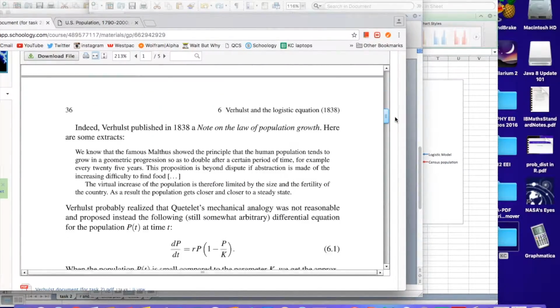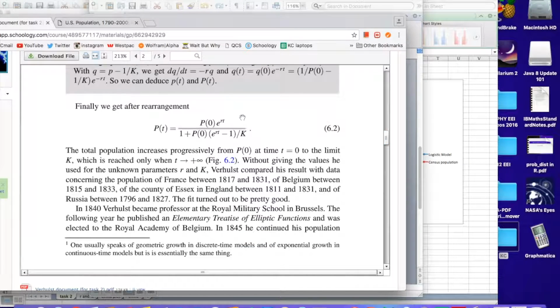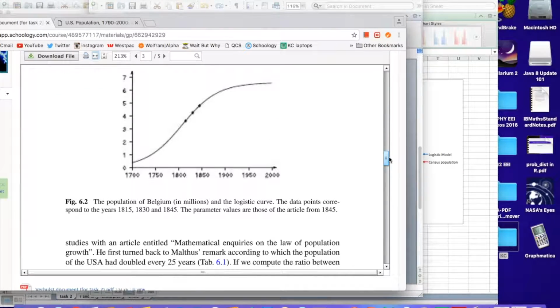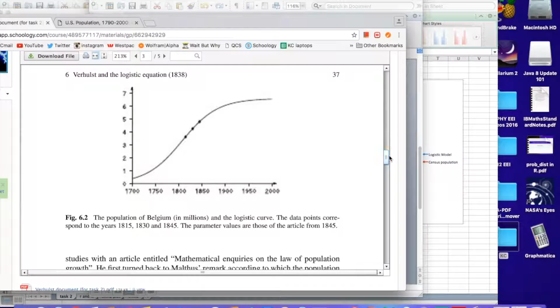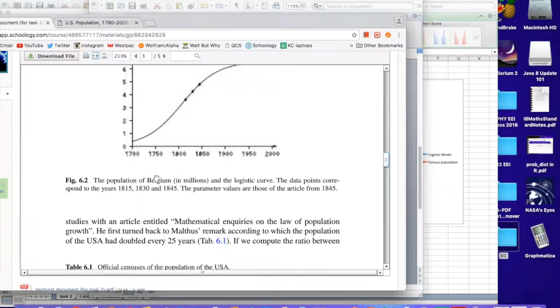This study is really looking at the Belgian population, and you can see his logistic model here. This is the same one that we're using. It looks a bit different, but it's essentially the same. And this is looking at the population of Belgium from 1700 up until now. The data points correspond to the years around the early to mid 1800s.